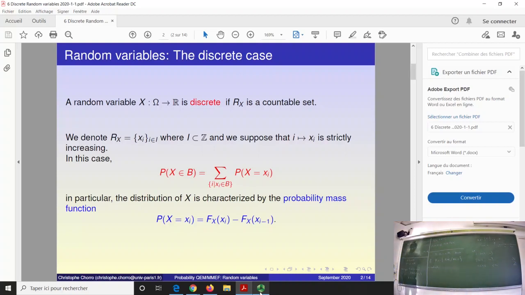And we are going to suppose nothing more, but being in this setting will have several consequences. Why will I have several consequences? Because if I come back to the definition of what is a probability, the probability of the universe is 1, and if I have a sequence of pairwise disjoint sets, the probability of the union is equal to the sum of the probabilities.